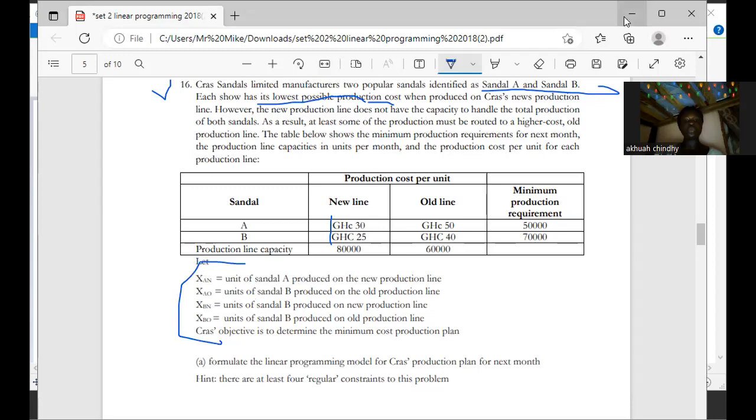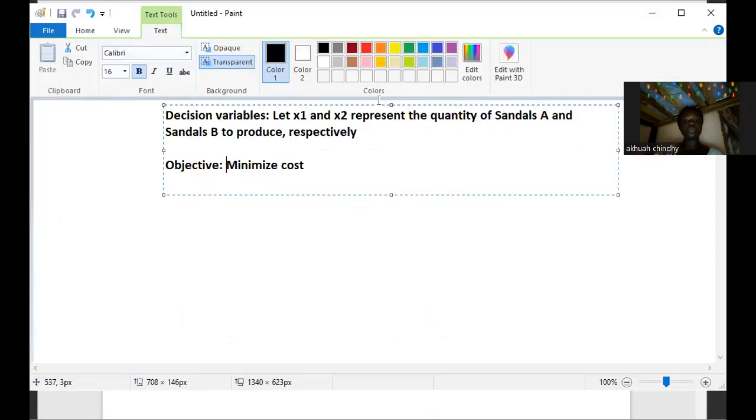So in our case, we don't need to define it. But if you're supposed to define, just rewrite this. You get it? But in some questions, you won't get production line A, production line B. So you have to use something like X and Y, or X1 and X2, to represent this and this. But in this case, they are using two different production lines, so they define it for us to make it easier for us not to get confused.